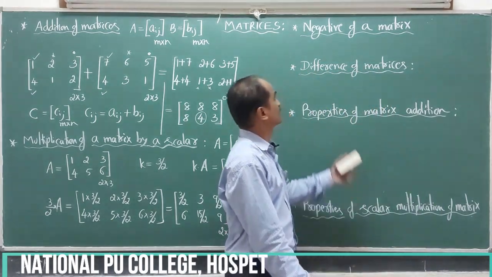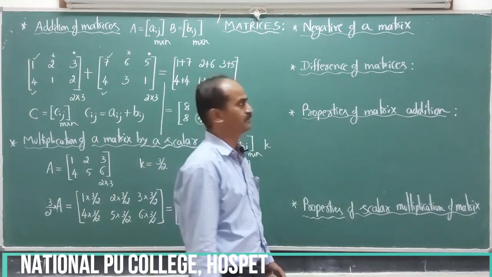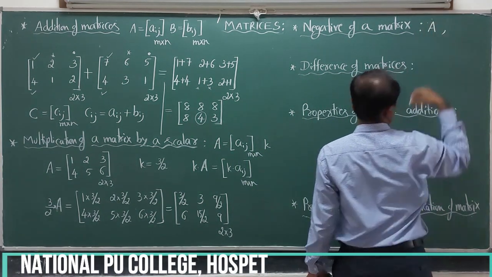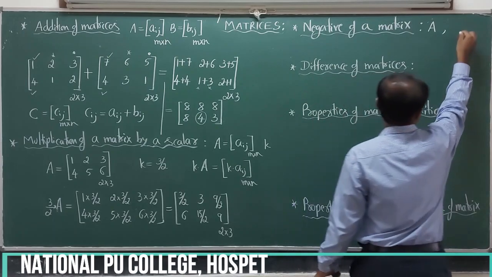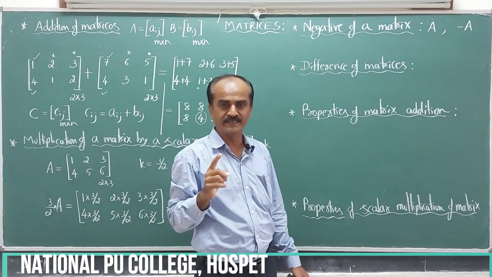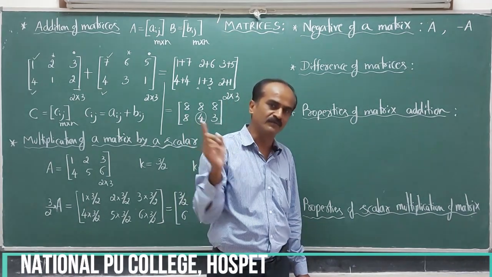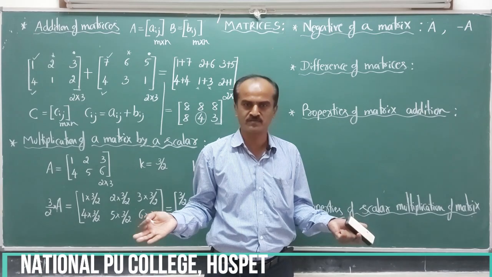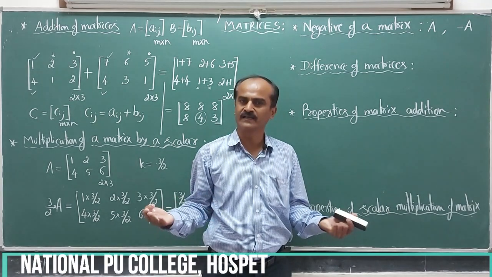Now let us take the negative of a matrix. If A is any matrix, then minus A itself is called the negative of the given matrix A. Whatever the order of the matrix, it need not be a square matrix, it can be any rectangular matrix.